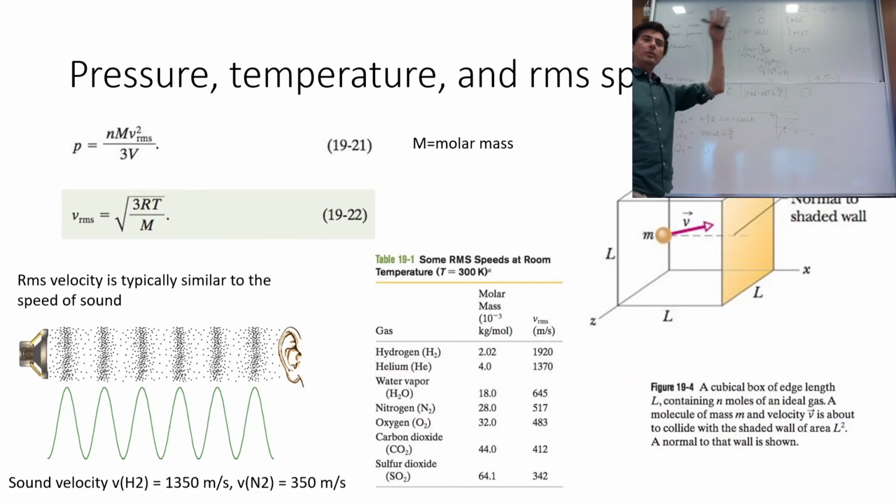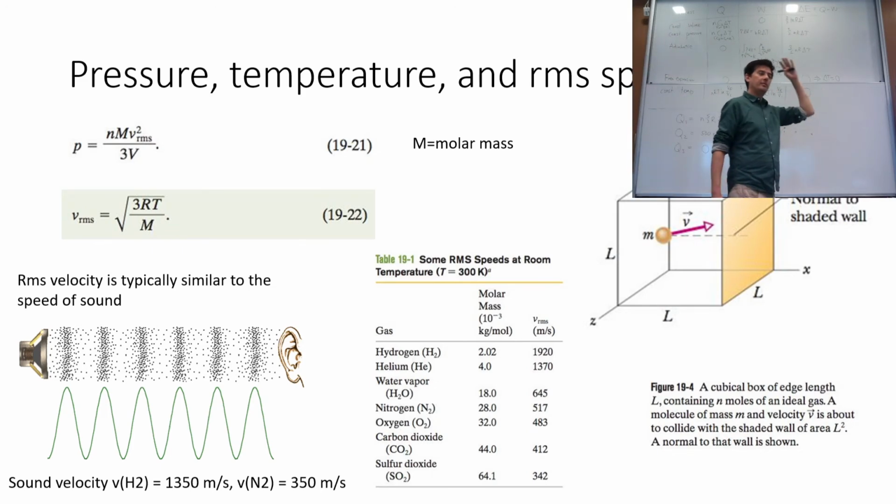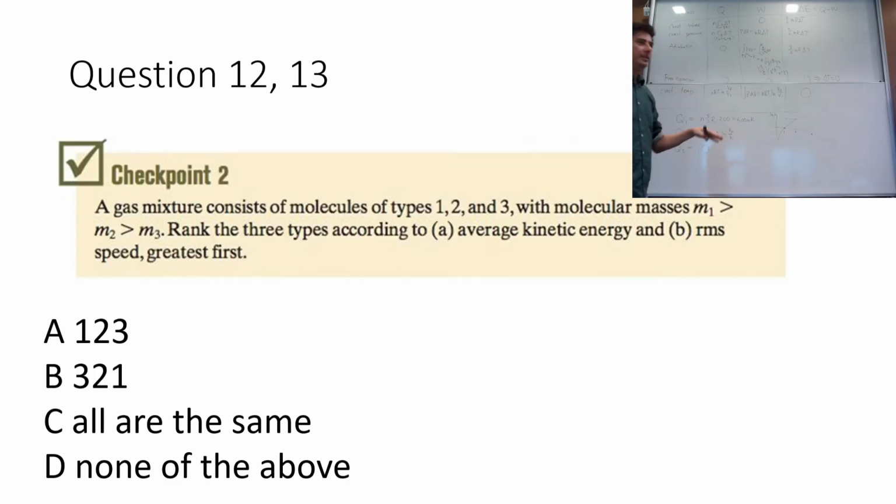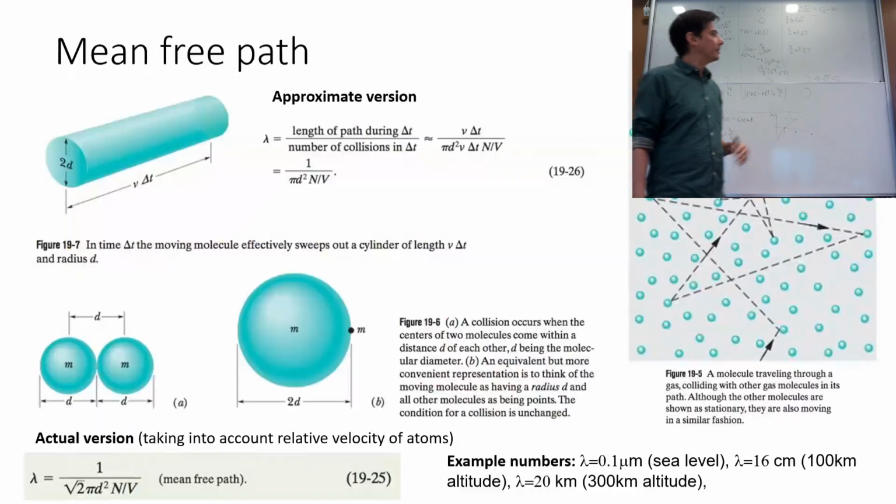Probably what's more important is to realize this more global connection between, okay, so from this velocity we get kinetic energy, and kinetic energy gives us internal energy, internal energy gives us specific heat, right?